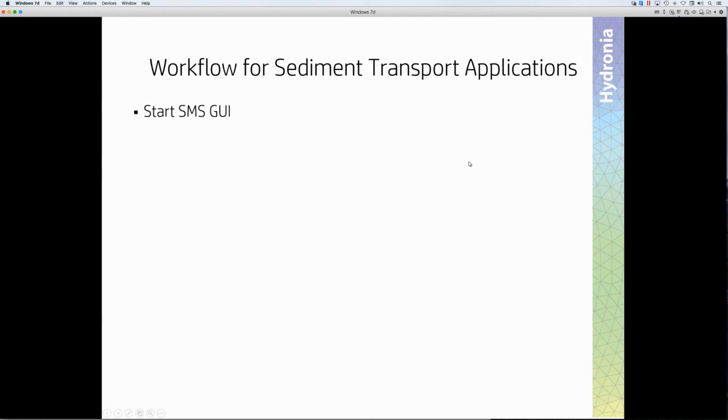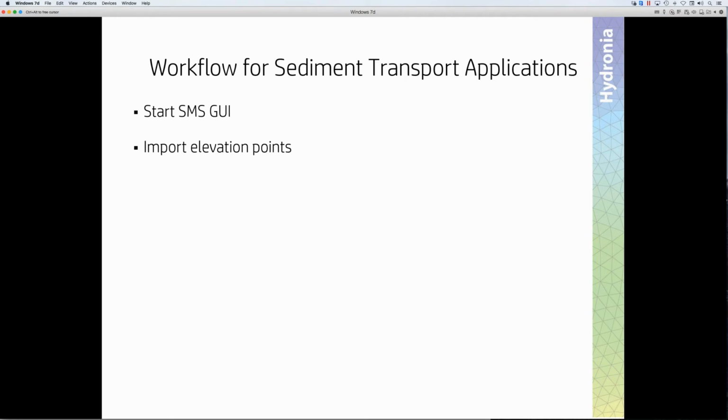Okay, so let me start now with the example that I want to show you on how to implement a sediment transport application. It all starts by opening the SMS graphical user interface. And this is what we are trying to do today.